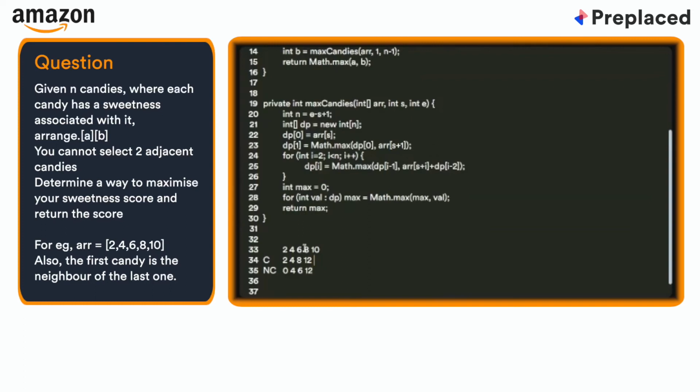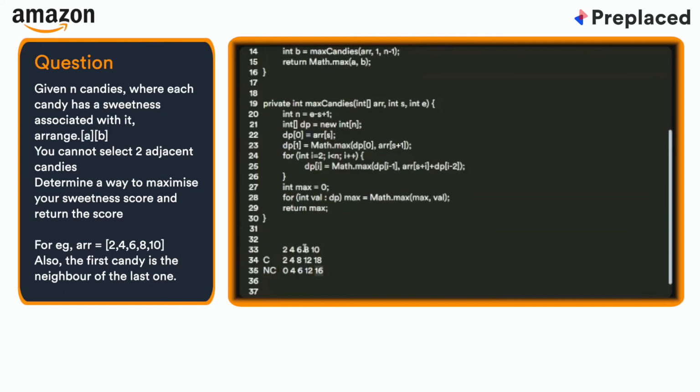Now when I have 10 here, anyways I will be calculating for 10, but I won't be including it in the end. For 10, I will get 18, and here I will get 10 plus 6, which is 16. In this case it really doesn't matter, but my output will either be the maximum up till this point or the maximum up till this point.